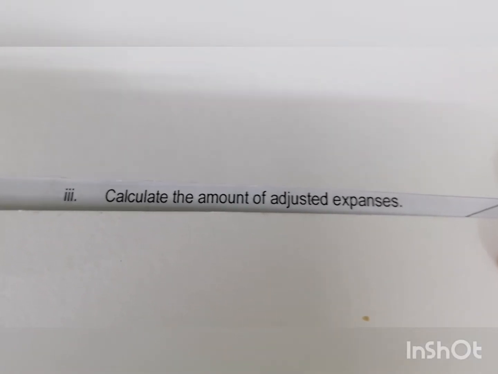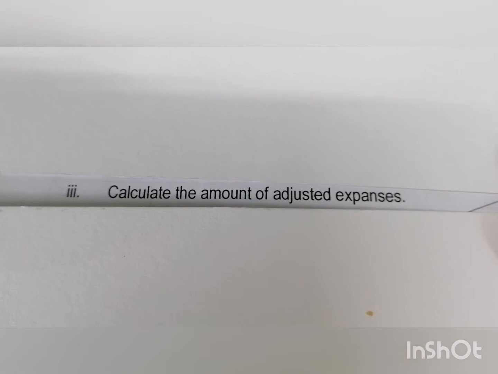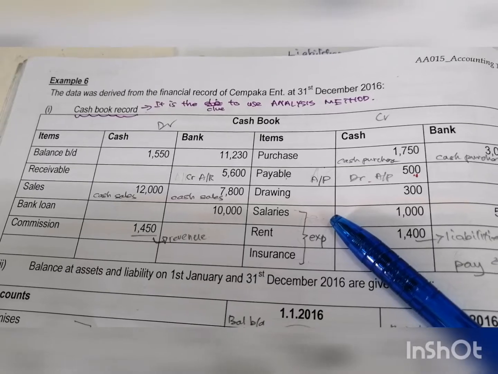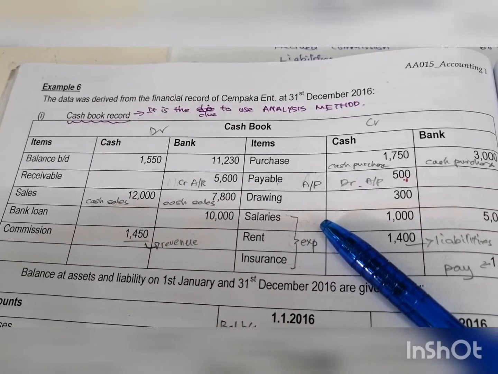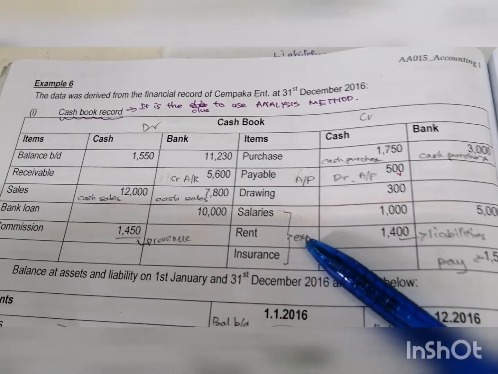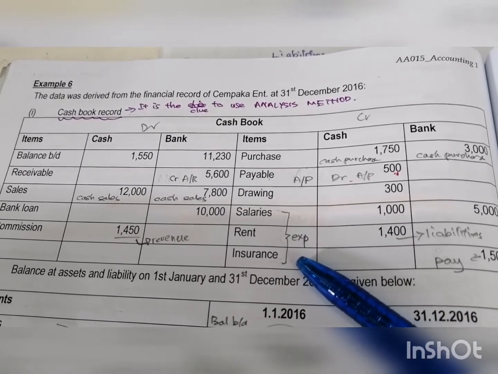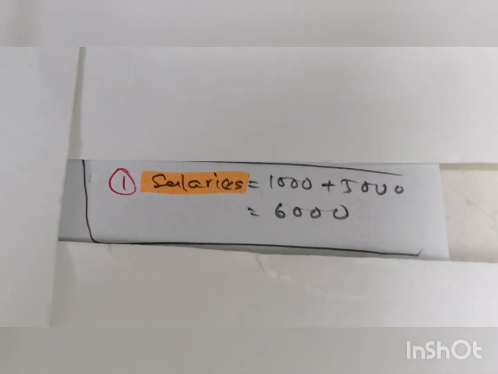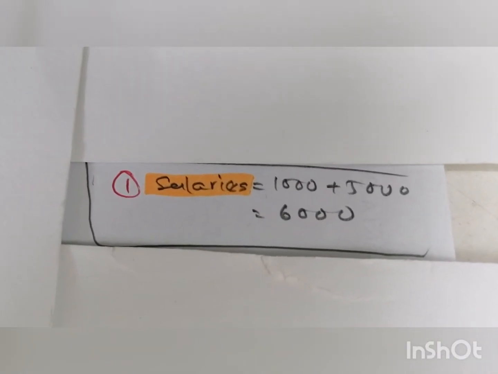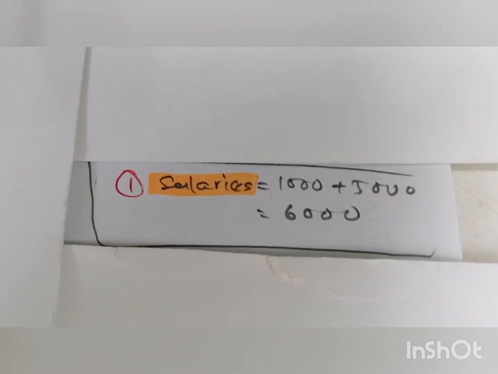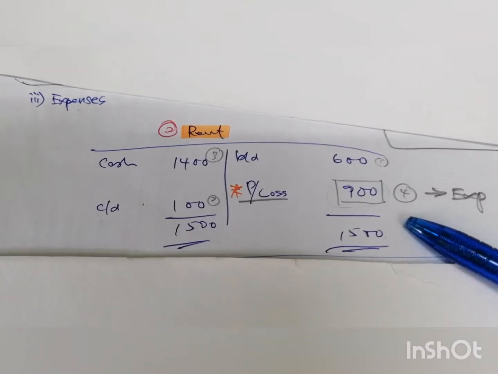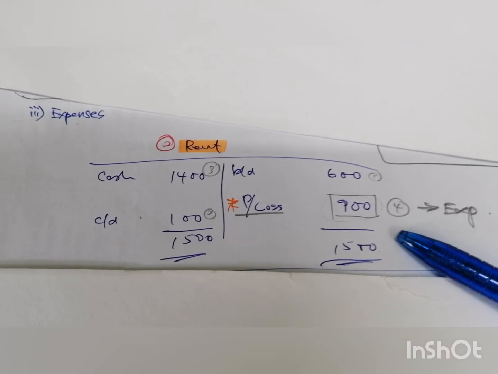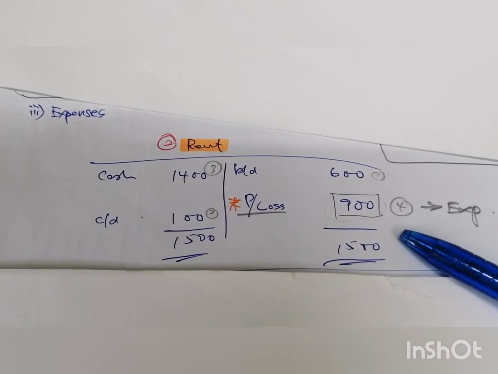Number 3, to calculate the amount of adjusted expenses. In your cash book record, the salary, rent and insurance are the expenses. Therefore, the salary expenses will be 1,000 plus 5,000 equal to 6,000. For rent, we need to do the T account for rent.